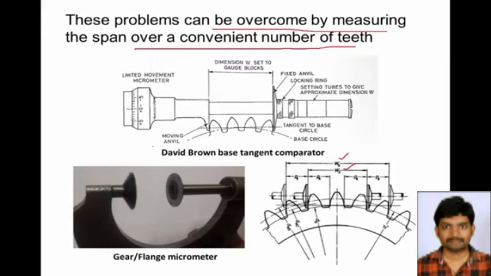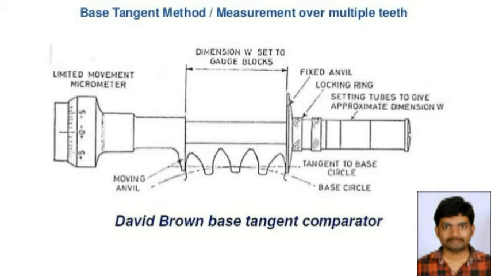So we can use the David Brown base tangent comparator, which consists of a limited movement micrometer. There is a moving anvil and a fixed anvil also.